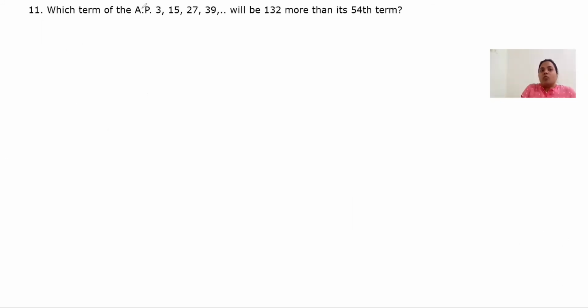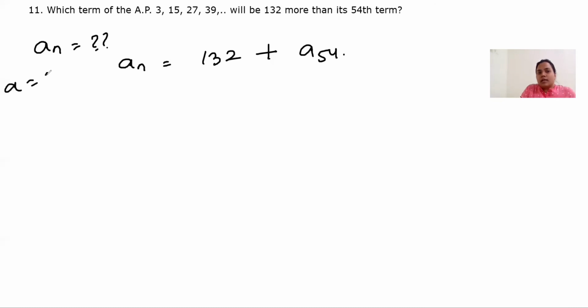Next question. Which term of the AP will be 132 more than its 54th term? Means we have to find AN. Correct? And in this question, AN is given as 132 more than A54. And in this question, A is given as 3 and D as 15 minus 3, that is 12.